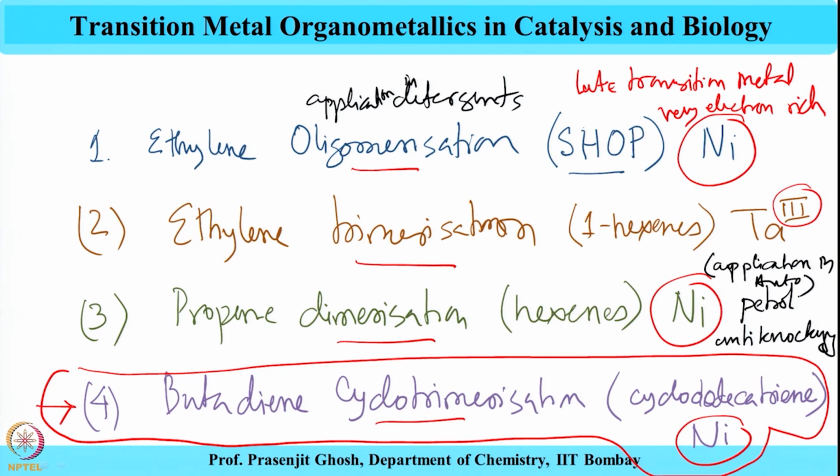Also to note, this particular reaction, propene dimerization, having applications in high quality petrol of anti-knocking capacity, the activity of this catalyst is extremely high. The turnover number is quite comparable to that of a biological enzyme like catalase that carries out these kinds of transformations.